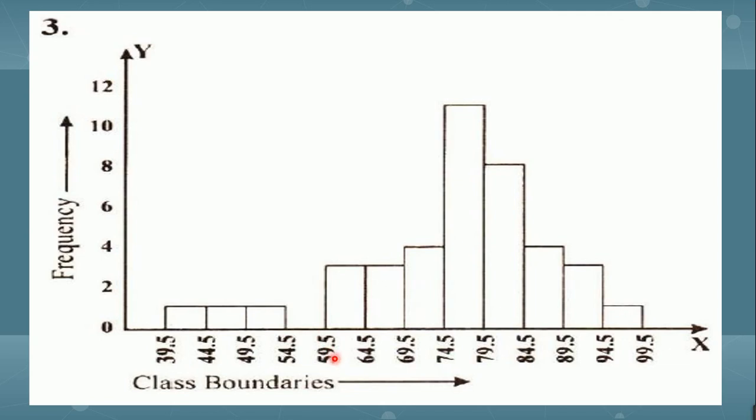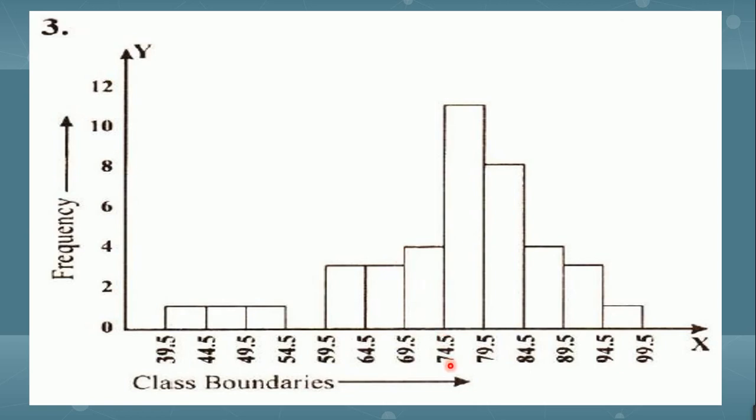Then 59.5 to 64.5, its frequency is 3, so its height will be 3. 64.5 to 69.5, its height is also 3 because its frequency is 3. And 69.5 to 74.5, its frequency is 4, so its height will be 4.